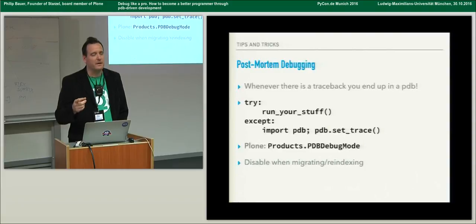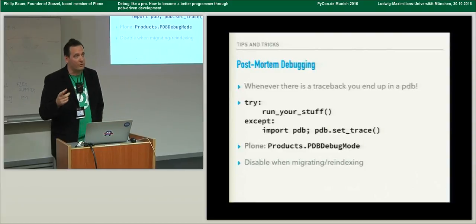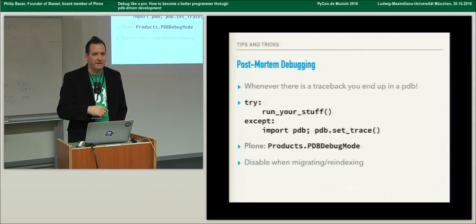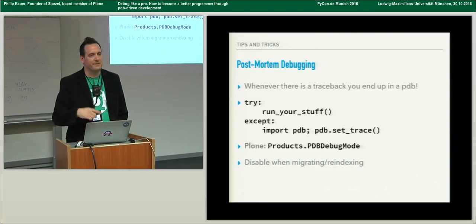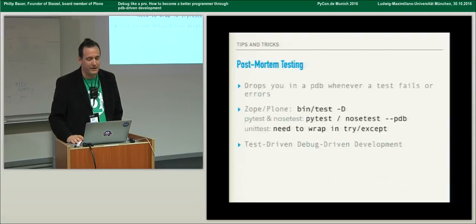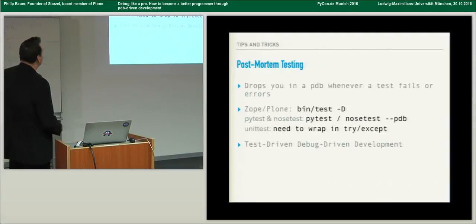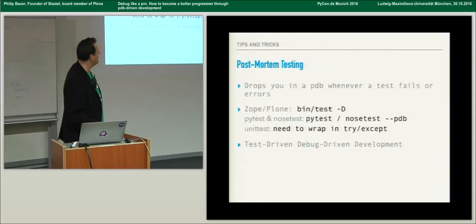If you have a logging of the level warning, then you'd end up in a PDB, which is bad when you're trying to index a million documents with something that is not there, so you might want to switch it off then. What I really love is another nice tip.